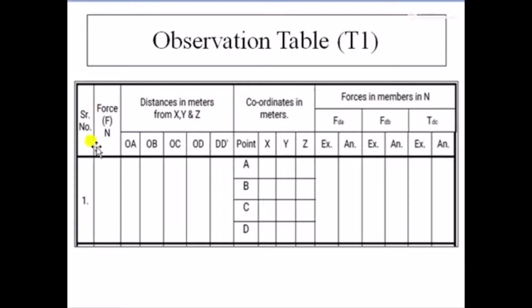The first column here is the force F in Newton. The weight we are applying is in kgs, and we have converted it into force by multiplying by 9.81. We have noted down the distances OA, OB, OC, OD and D into D dash. Now we will note the coordinates in meters.